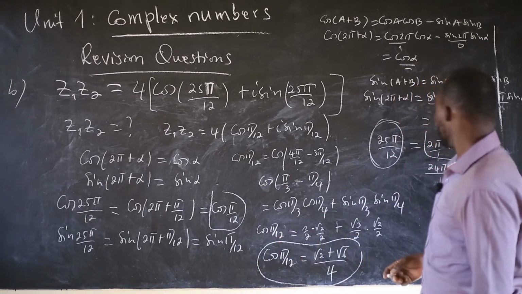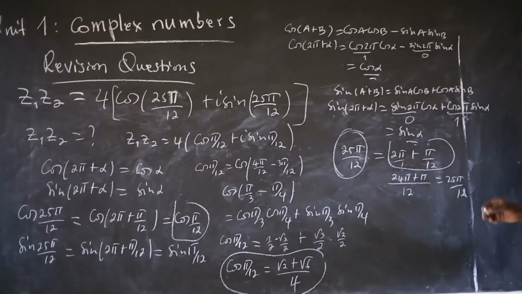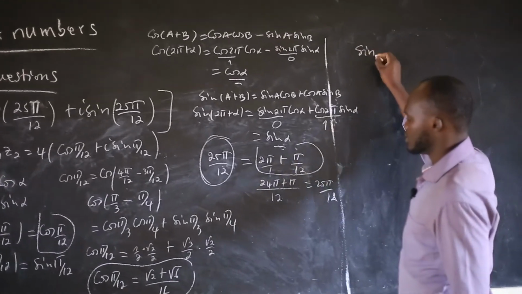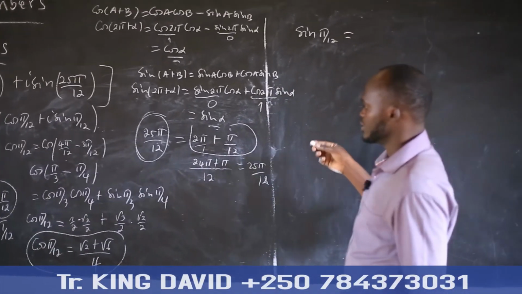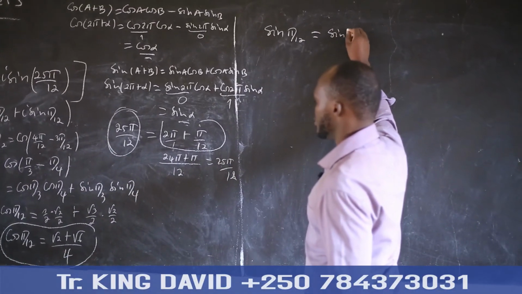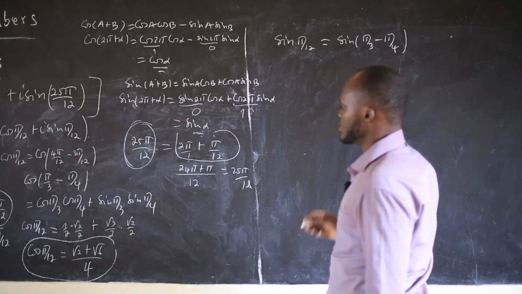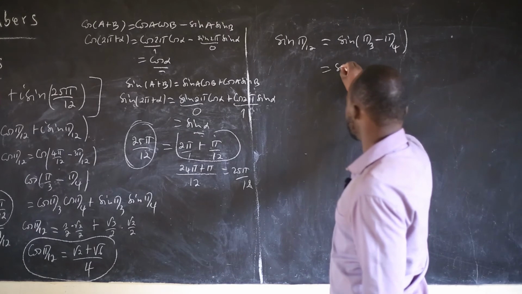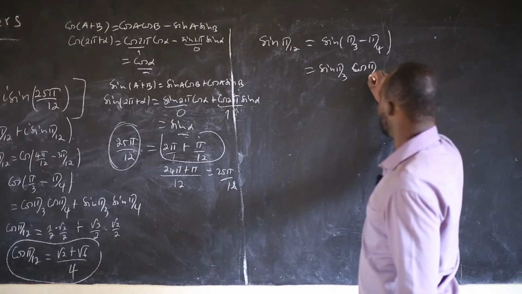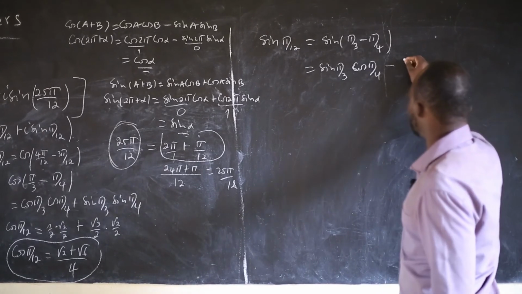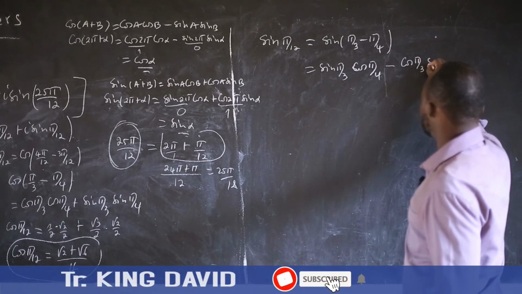So let us go to sine. What is sin pi over 12? The same applies, it is sin of pi over 3 minus pi over 4. So which is sin pi over 3 cos pi over 4 minus cos pi over 3 sin pi over 4.